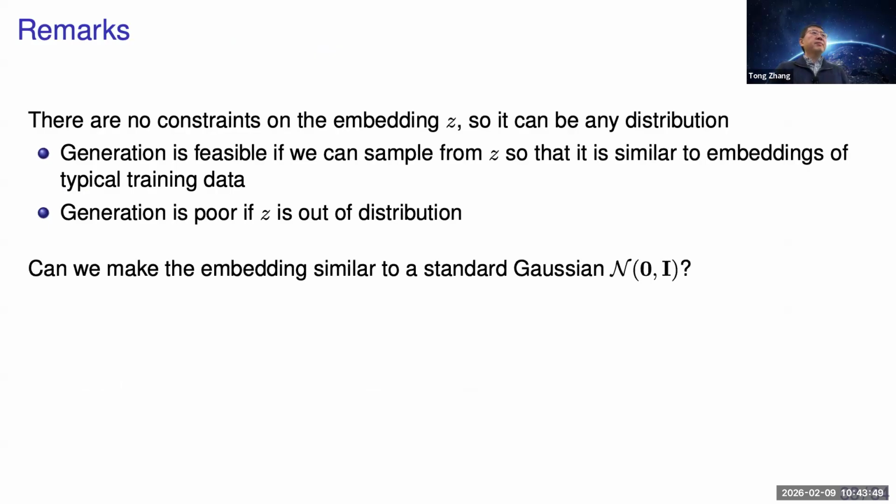Can we make the embedding similar to a standard Gaussian? That's the question, which is answered by the VAE and is not addressed by the autoencoder or the denoising autoencoder. The denoising autoencoder tries to make it more robust, to avoid learning the identity, but the VAE is trying to make the embedding more similar to a standard Gaussian.